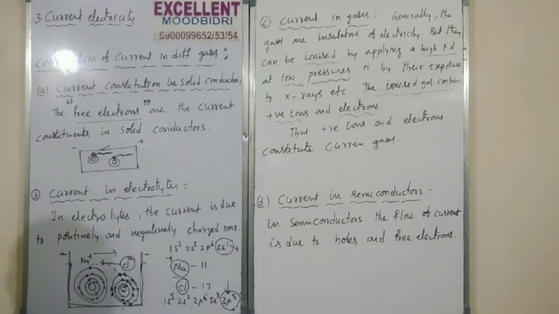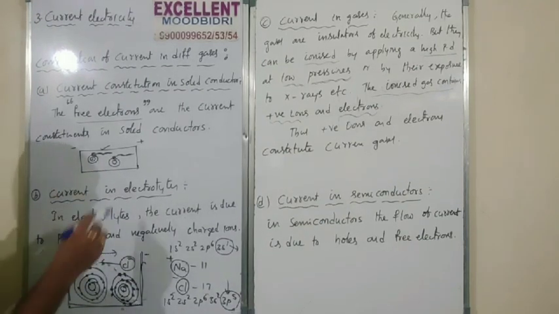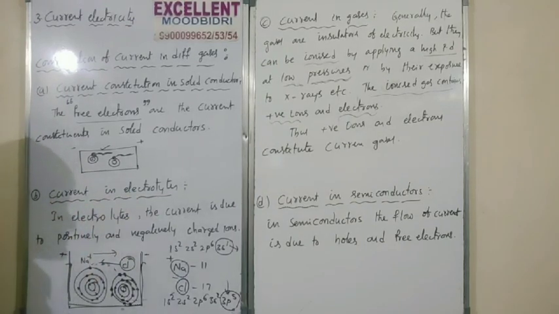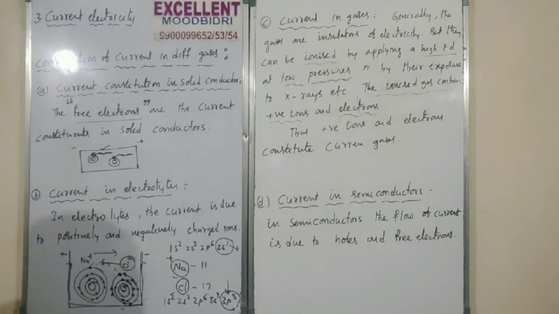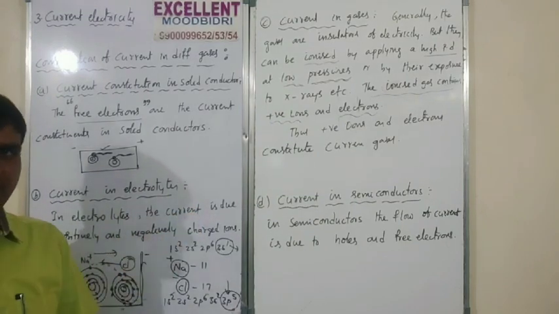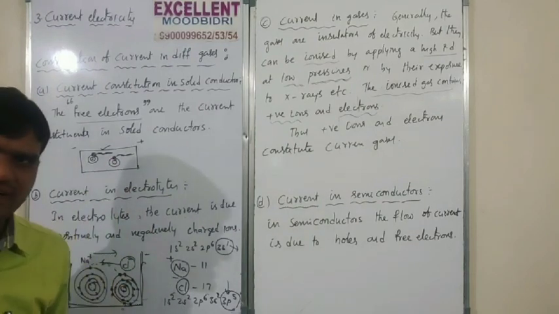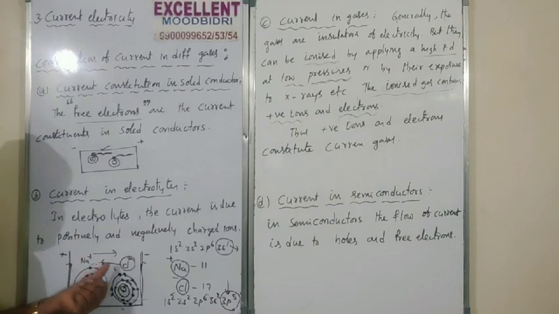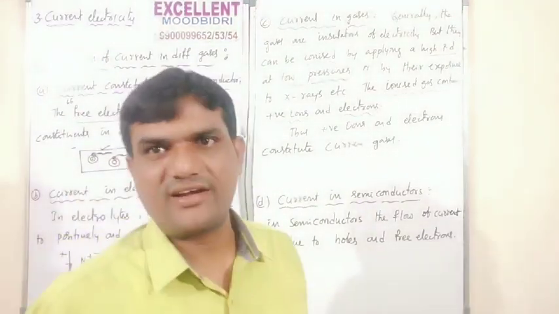That means in liquid electrolytes, we can call it current in electrolytes. Electrolyte means liquids. In the liquids, what are the current carriers? Current carriers are ions, positive ions and negative ions. In solids, the current carriers are free electrons.